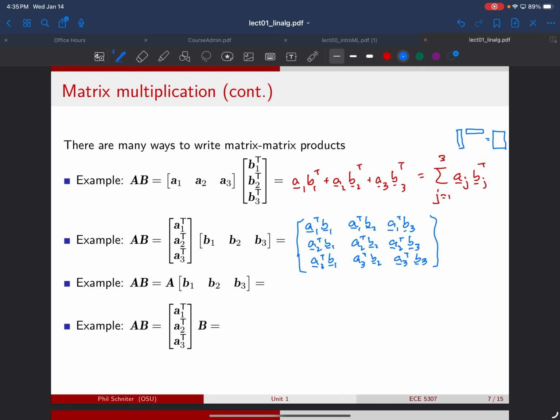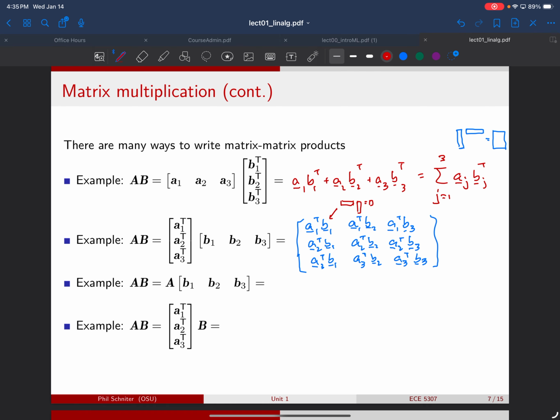Okay. Now, if I ask you, what is the dimensionality of this quantity? Is this a matrix, a row vector, a column vector, a scalar? What is this? Scalar, exactly. So this particular quantity here would be a row times a column, which gives a scalar.